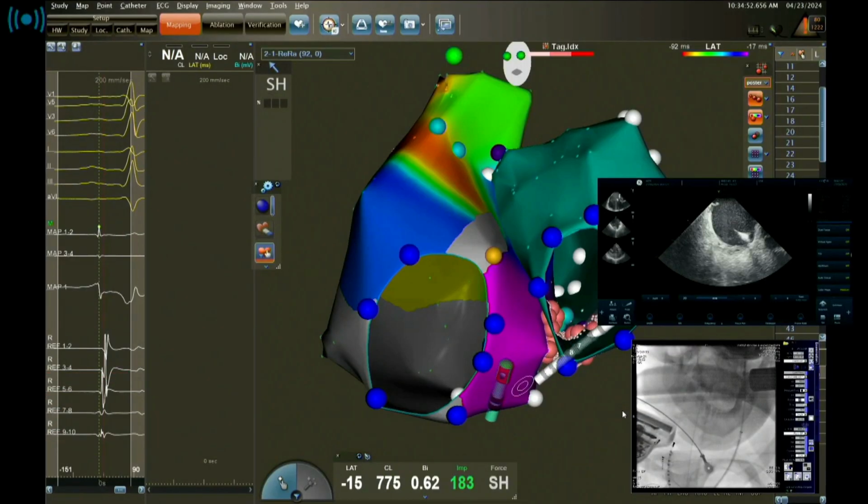And we also did a final check using high frequency stimulation from the right and left atrium, from the right and left internal jugular vein, and there is no AV block. Also EP parameters are improved. Can you show us the EP parameters?